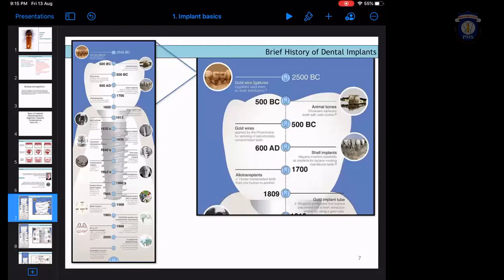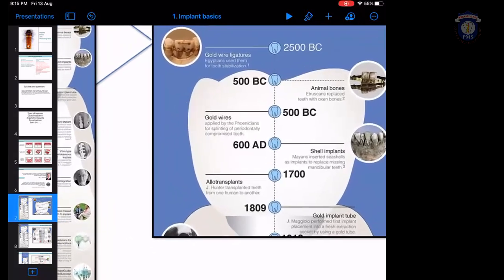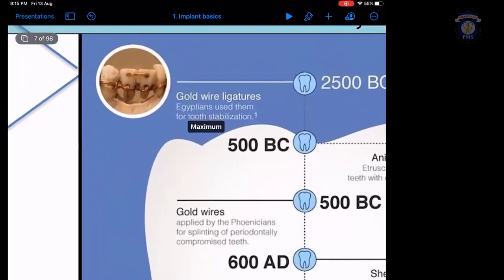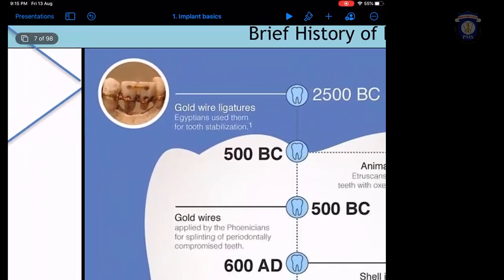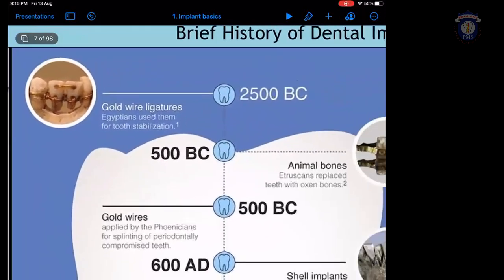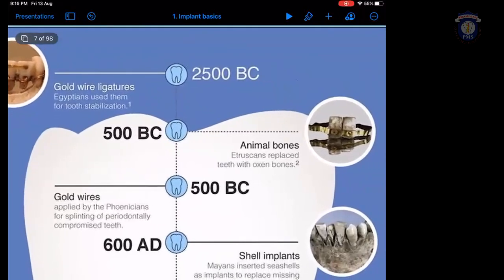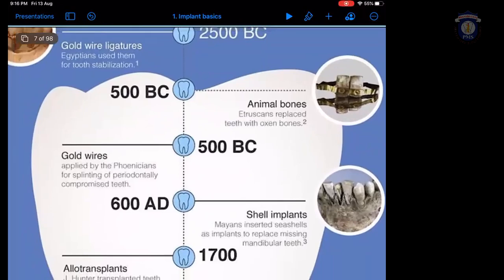The history of the implant starts with 2500 BC, a long time back, where the Egyptians were using gold wire ligatures for stabilization of the tooth. Then in 500 BC, animal bones were implanted for replacing the natural teeth.